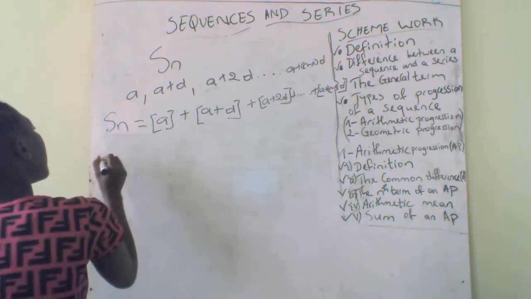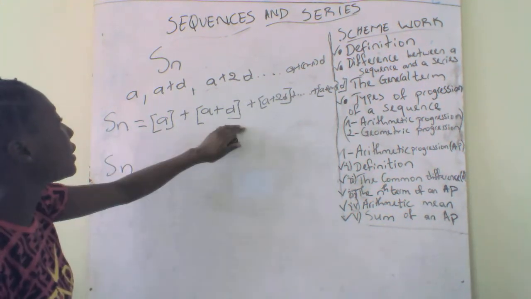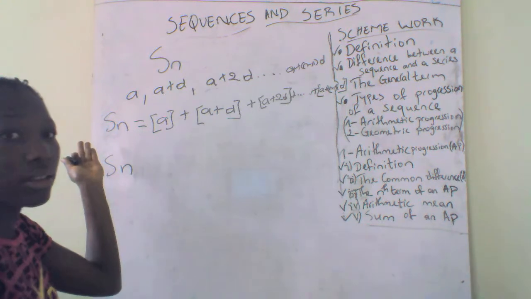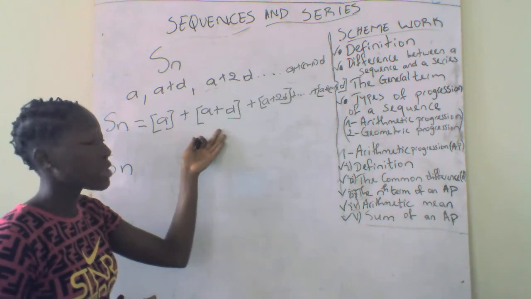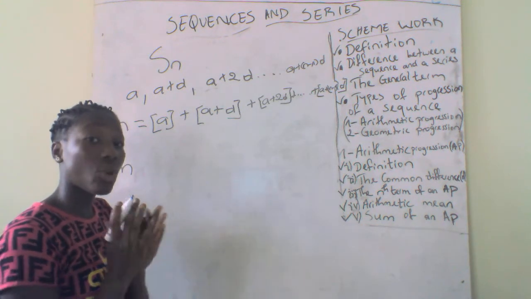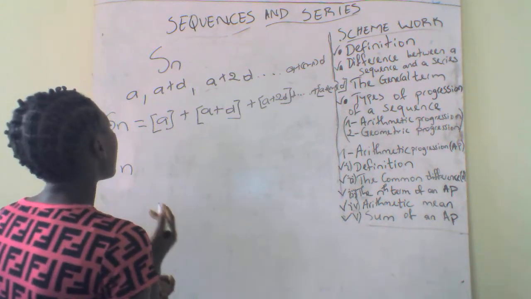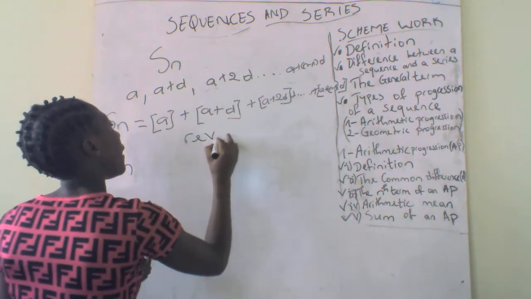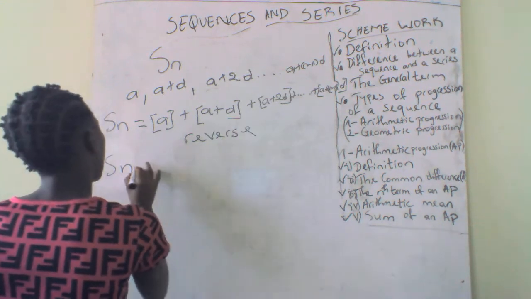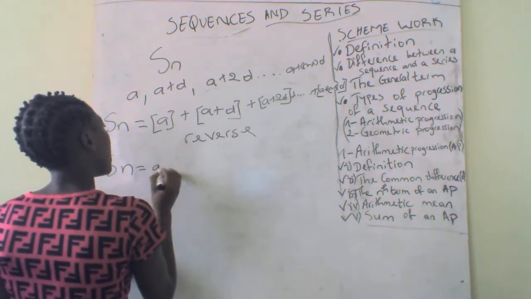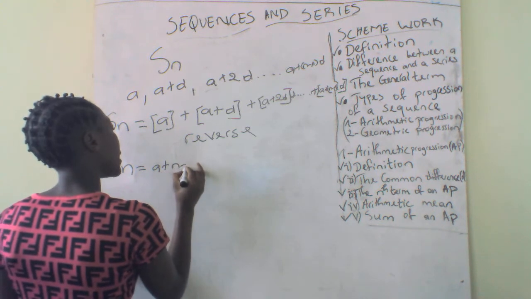Okay, if I write this in a reverse order, it will still come back to the same thing because it is addition, it is commutative. I can write it in any form. So if I write it in the reverse order, then I'm going to have A plus (n minus 1)D.